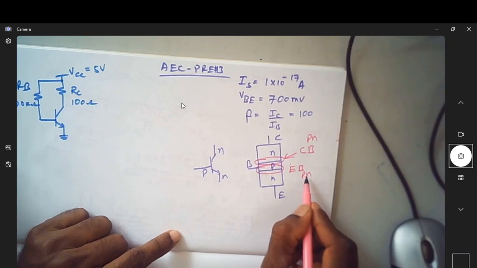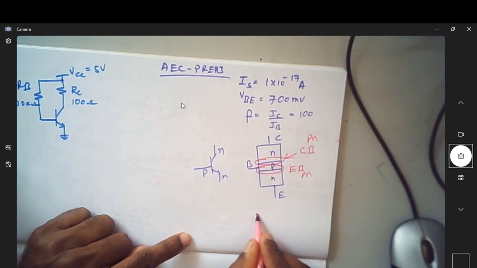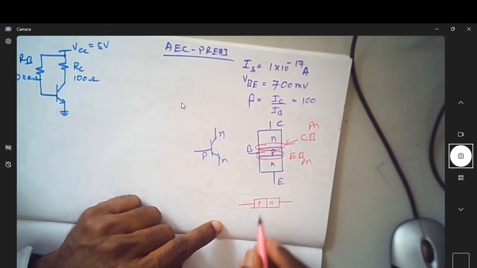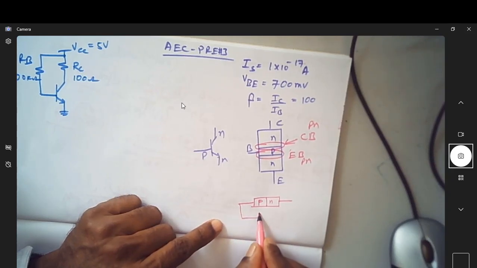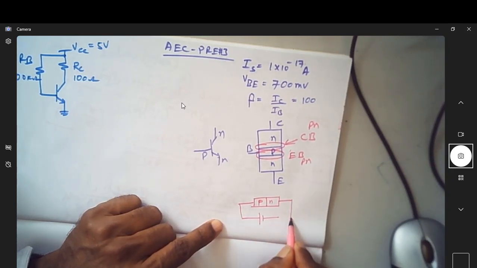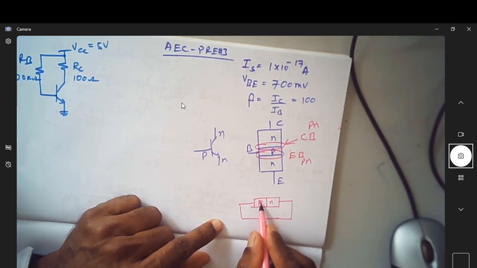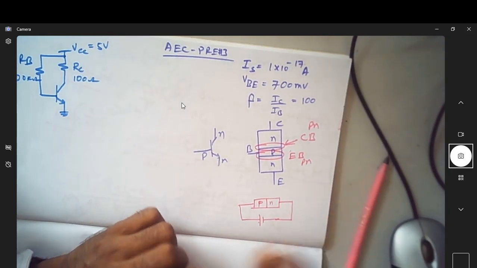Now, since there is a PN junction, you can think of it as a diode. If this is P and N, we always talk about forward bias and reverse bias whenever you have a junction. If the positive of the battery goes to P and the negative goes to N, meaning P is more positive than N, we call it forward biased.